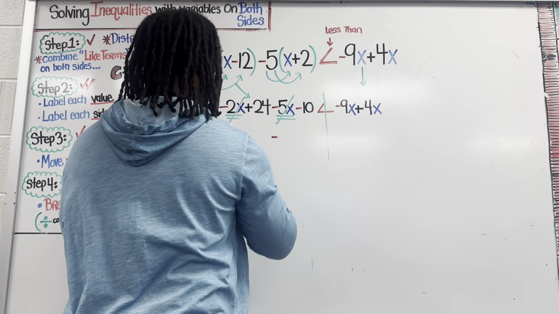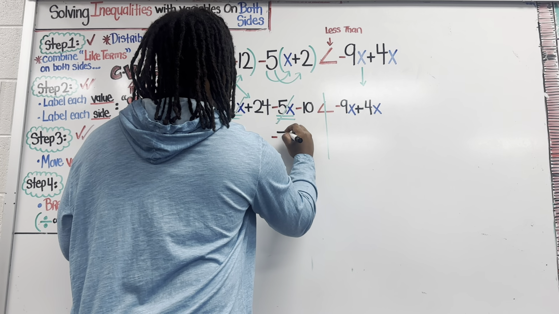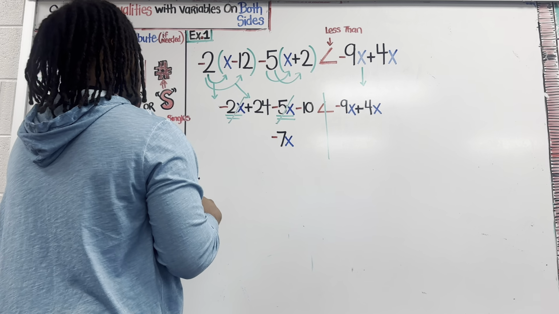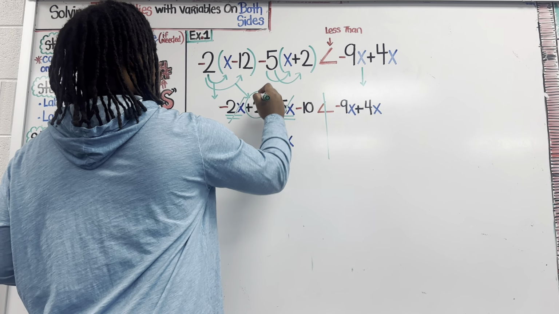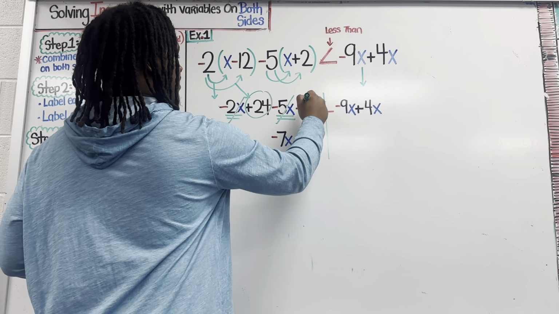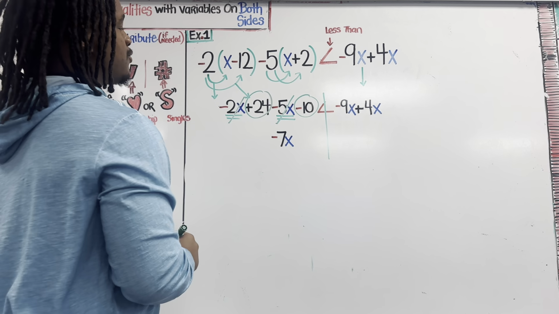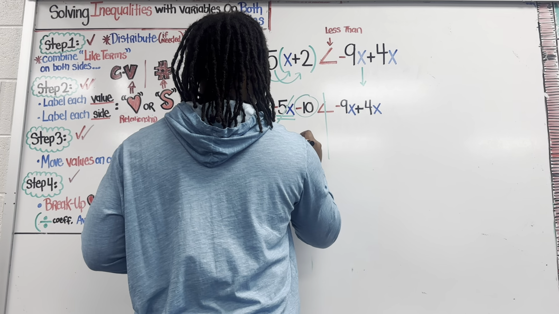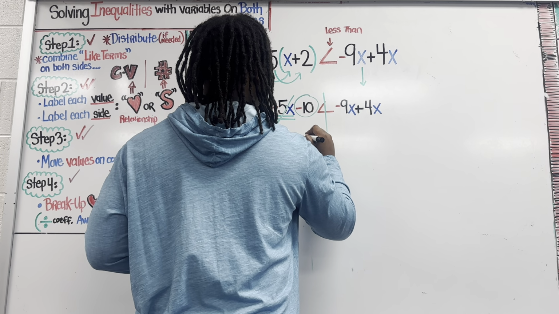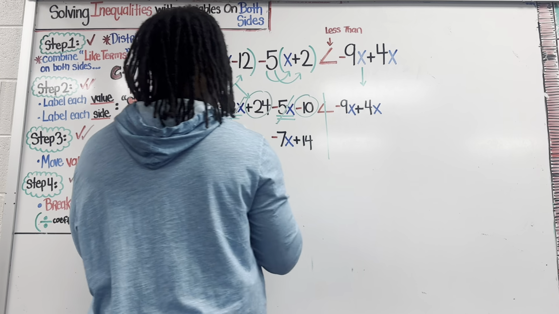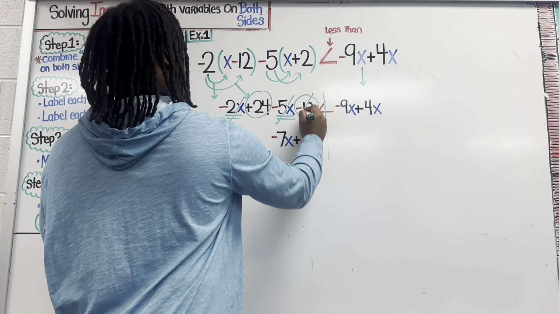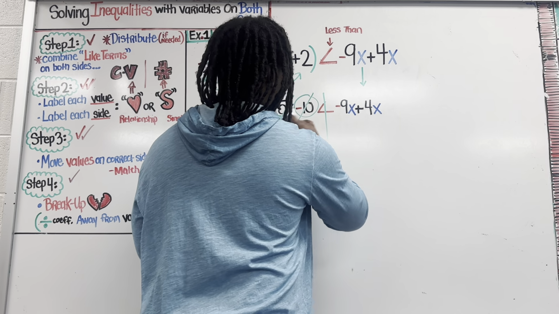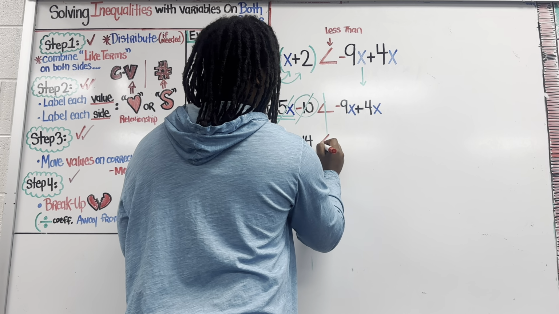Next, I'm going to combine a positive 24 with a -10. 24 minus 10 is 14. Once I combine those two values, I get 14. So I'm done with combining like terms on the left side. Now let's try out the right side.